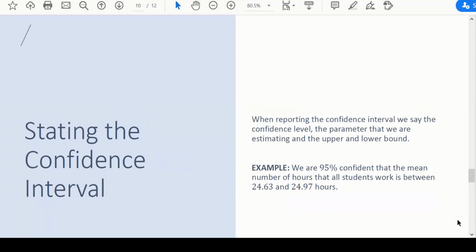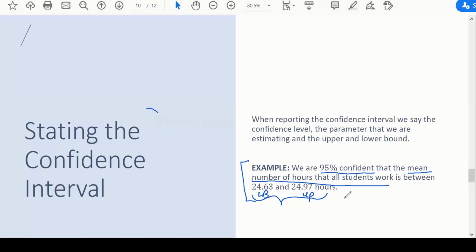This is the statement we use to report the confidence interval. We say the confidence level, the parameter that we're estimating, and the upper and lower bound. So this is our model statement. We are 95% confident that the mean number of hours that all students work is between the lower bound and the upper bound.